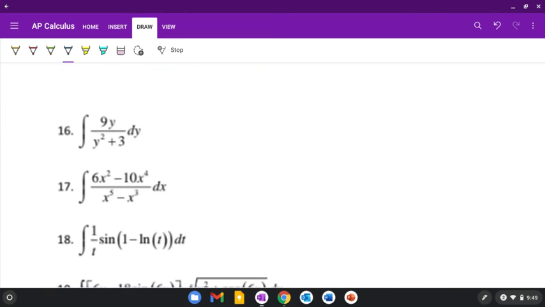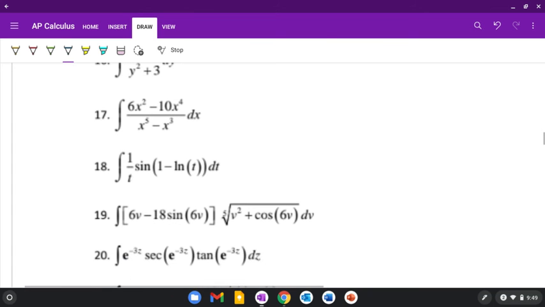All right, let's go ahead and do maybe one with a fraction here. All right, let's try number 17. That'd be a good one. All right, so for 17, it looks like our u here is probably going to be the bottom. So let's go ahead and choose that to be our u.